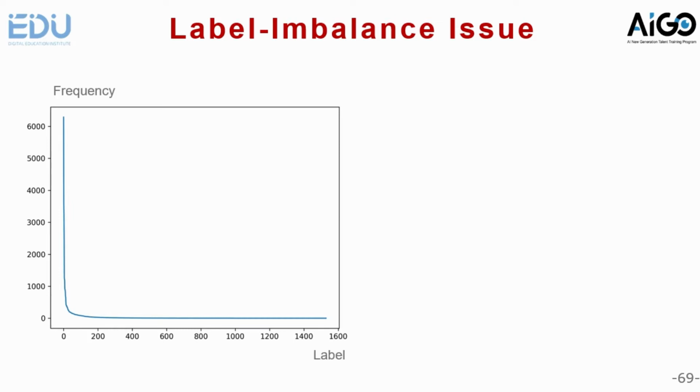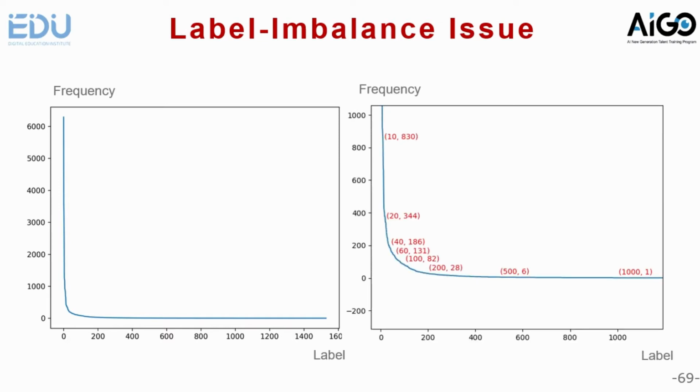And definitely, if we have a code which appears frequently, it means our model will have more data about this code, so we will have better performance predicting that code. But for some rare codes, it means we do not have a lot of data, so definitely we cannot get very good performance.